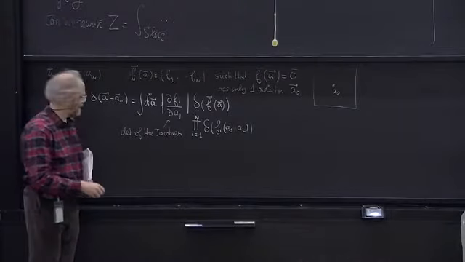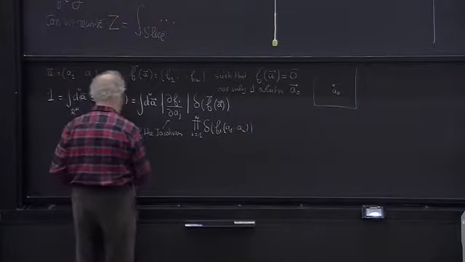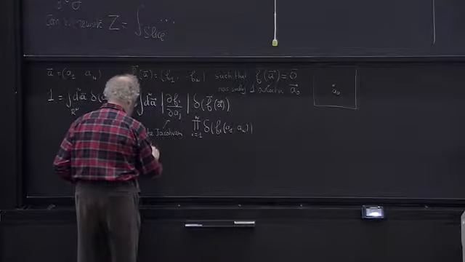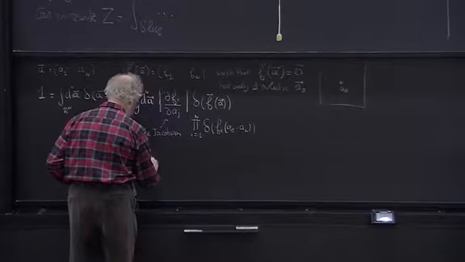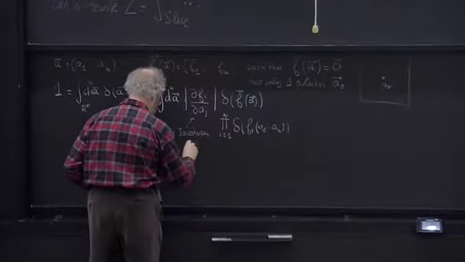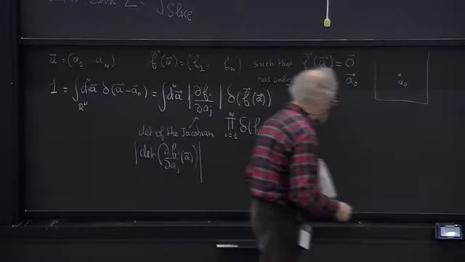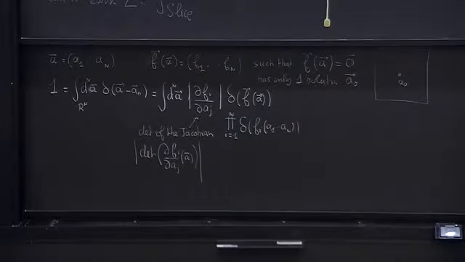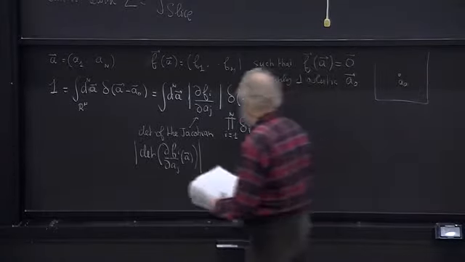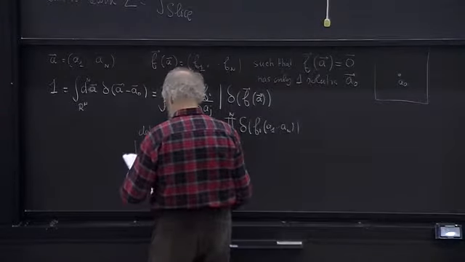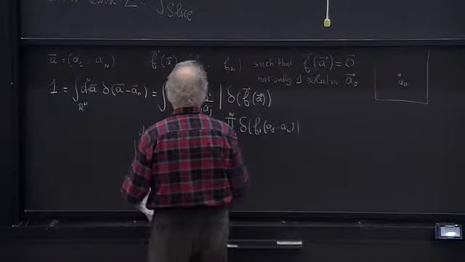This is the absolute value of the determinant of dfi over dAj at the point A. And that's an easy determinant. And I'm going to write this as simply the matrix f prime.